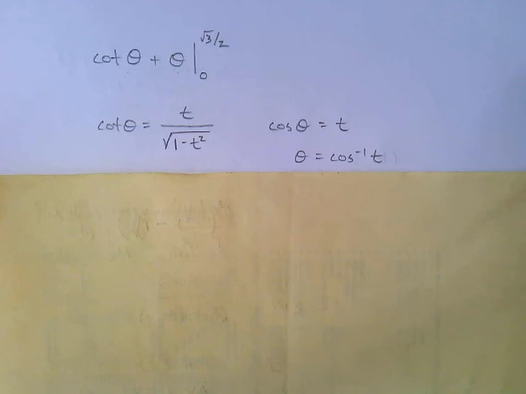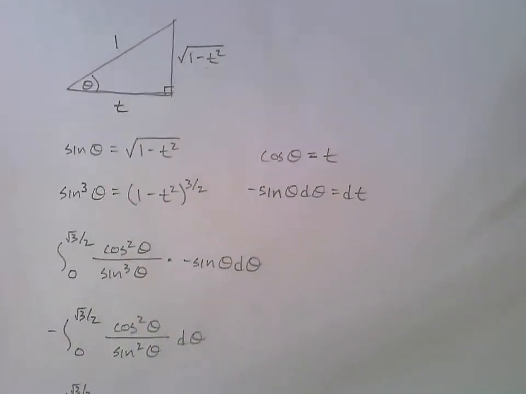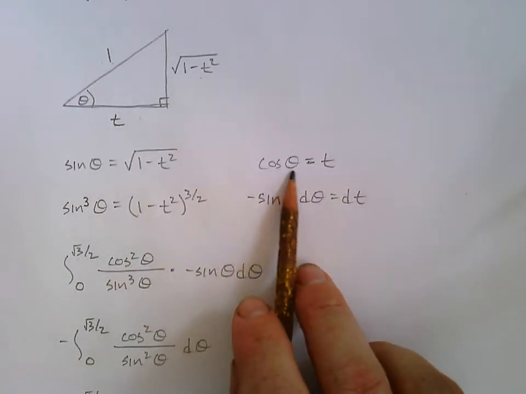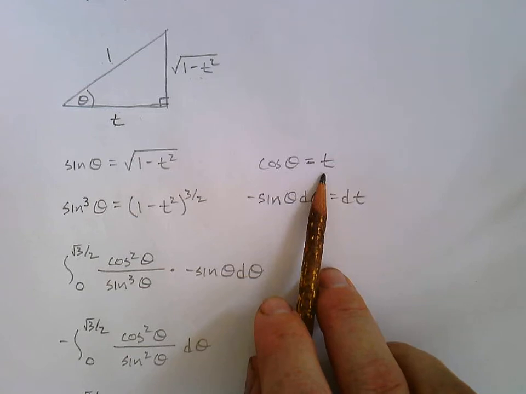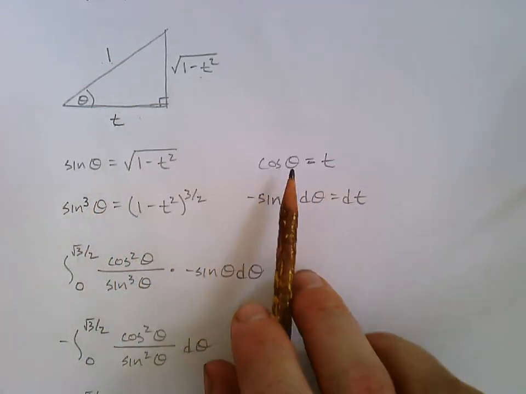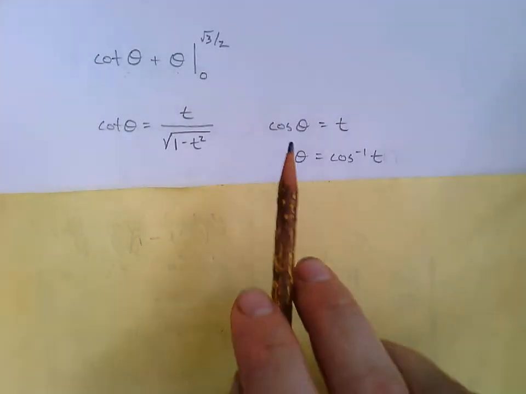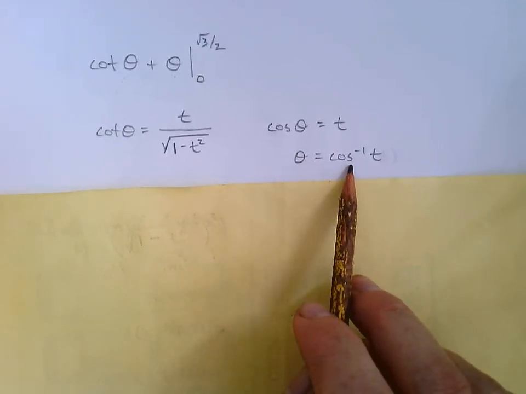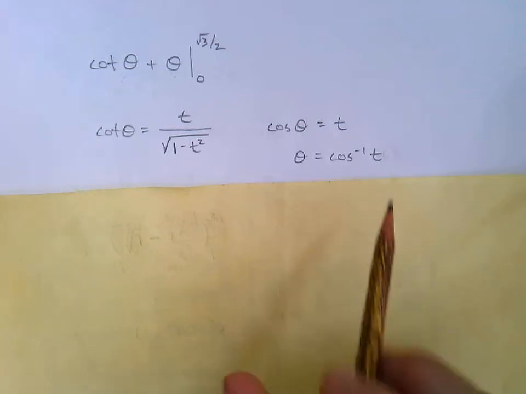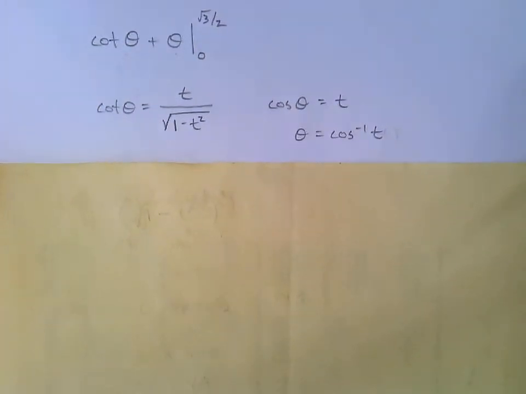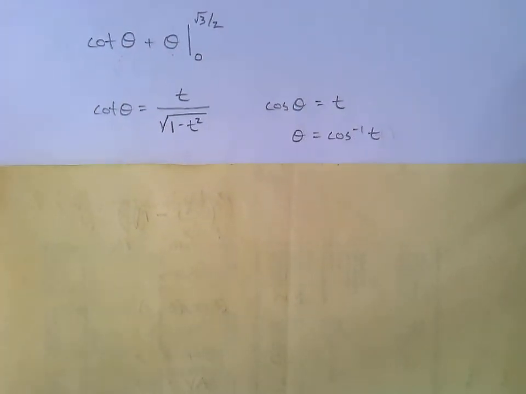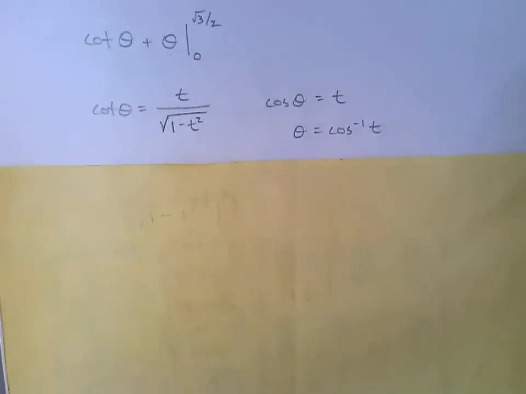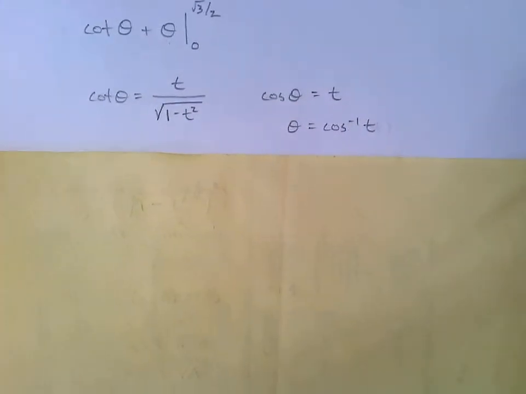Okay, so remember, we did say that cosine theta equals t. We'll just take the simplest of all of these. Then wouldn't theta equal arc cosine t, or inverse cosine t? And that's what we've got to use.